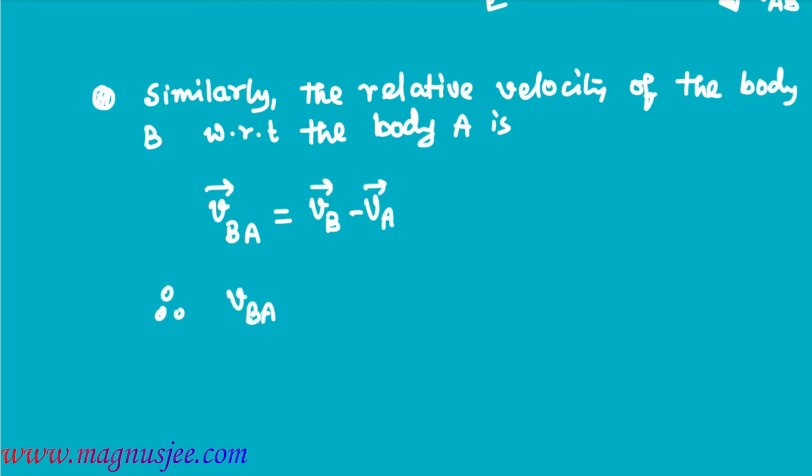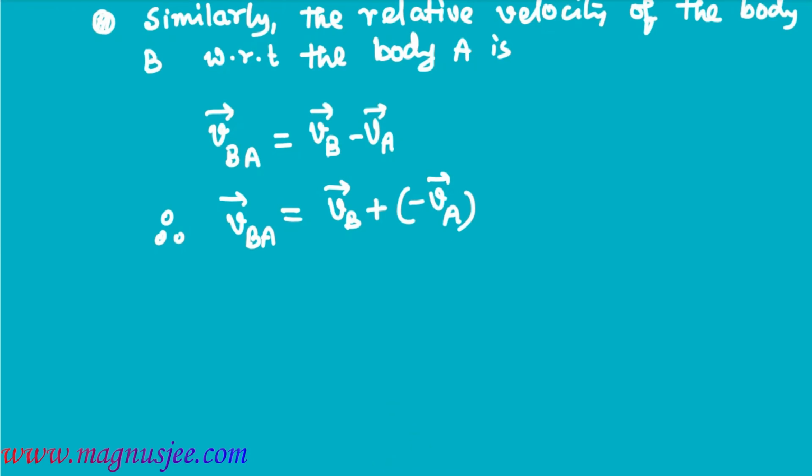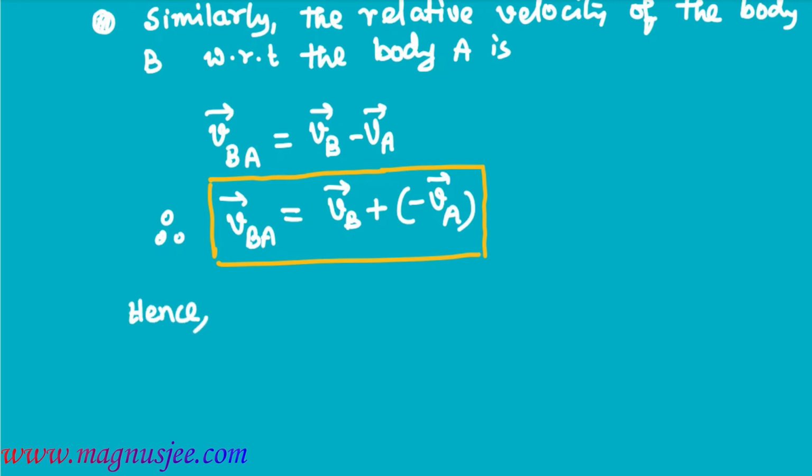Therefore, vector VBA equals vector VB plus minus vector VA.